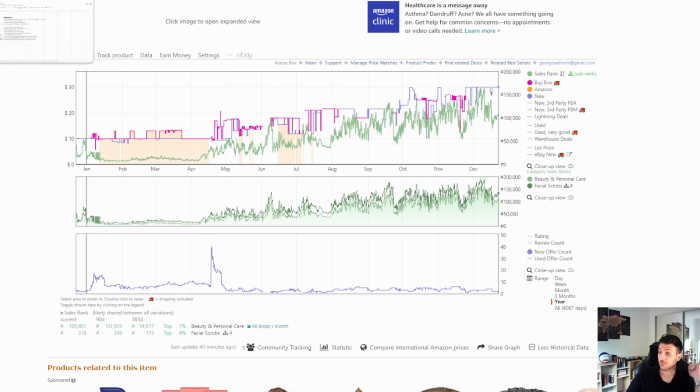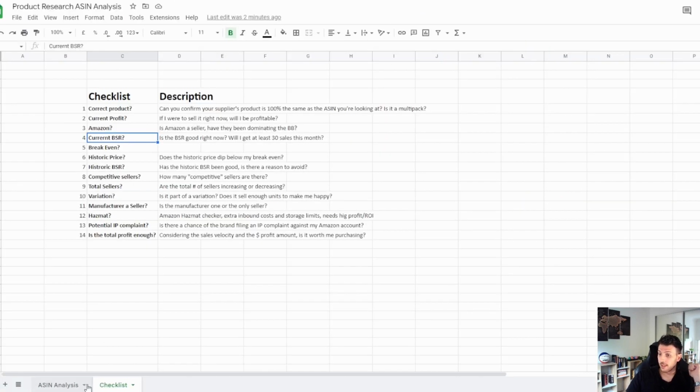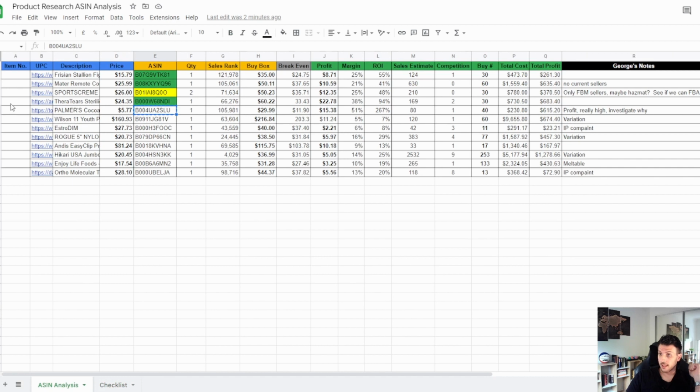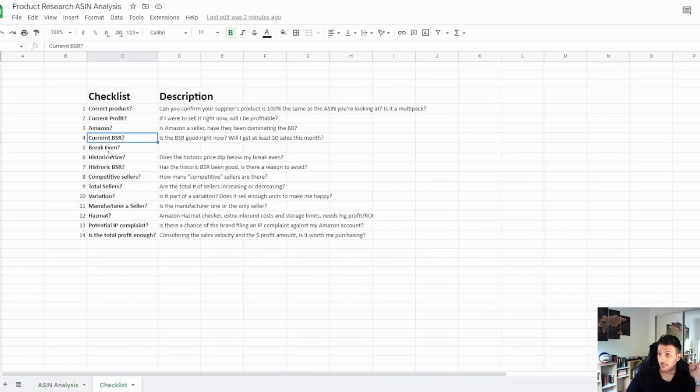Good seller. Obviously with a good price comes good sales. At the moment, our sales estimate is telling us that it would sell probably around 80 units a month. Okay, so let's go back and look at our checklist. So current BSR leads us to believe that it'll probably sell around 80 units a month, but at a very high profit. If we were to drop the price a bit, we'd probably get a lot more sales.